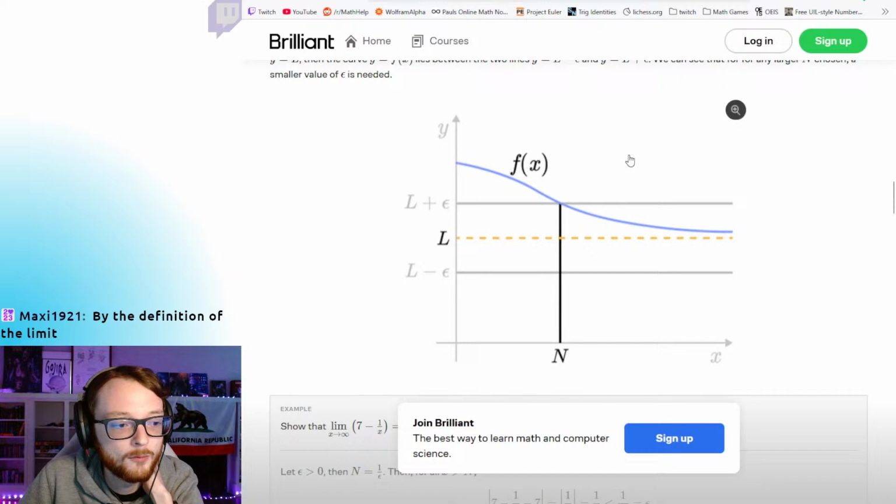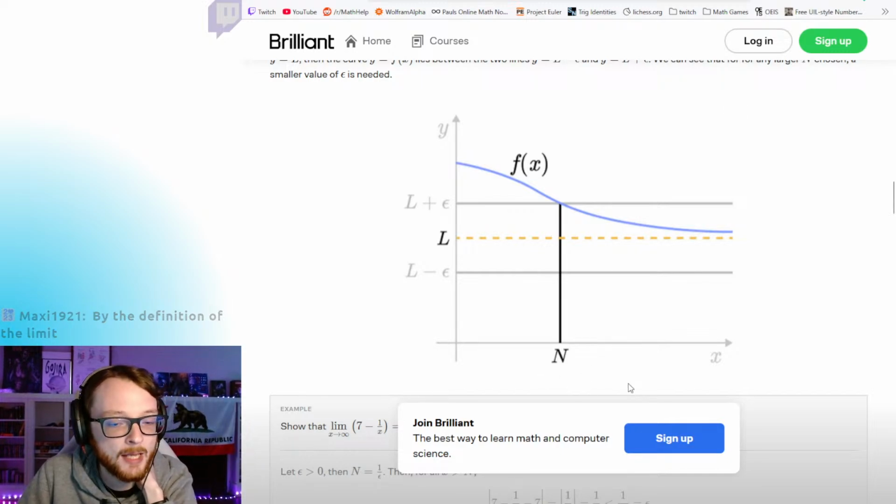So that's why we try to find this big N as a function of epsilon, because you could be given any epsilon, and your choice of n is going to depend on how strict they're making that error tolerance.